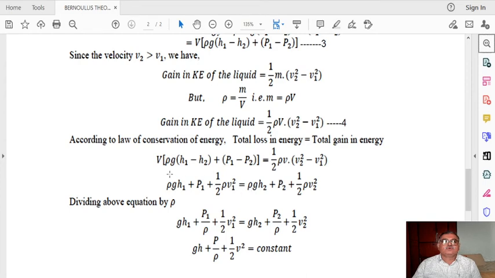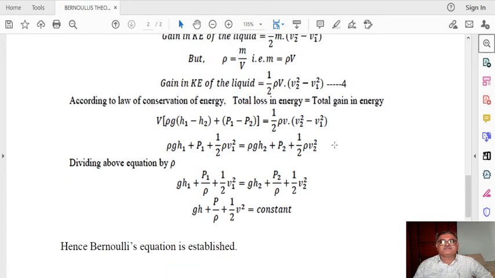Then again rho g h2 plus p2, because p2 has a negative sign, but when it comes to the right side it becomes positive, and then plus half rho v2 squared as it is.